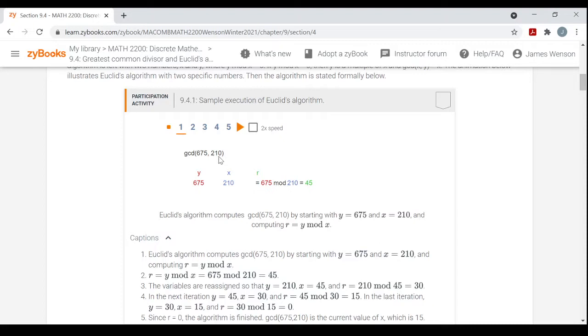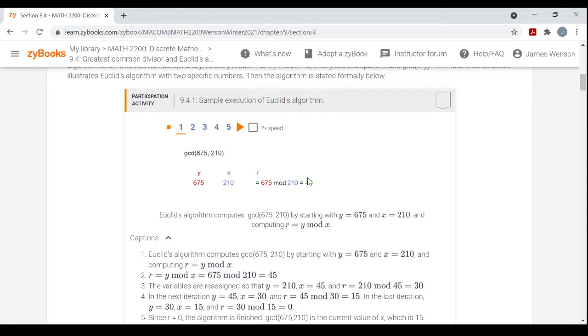Multiples of 210 are 420, 630, and 630 is 45 less than 675, so you have a quotient of 3 and a remainder of 45, and that's 675 mod 210.